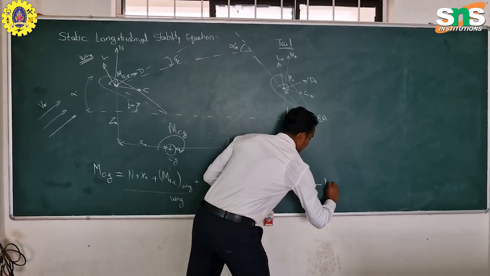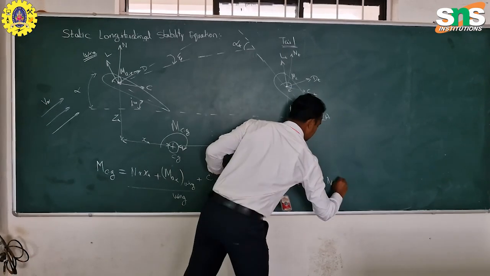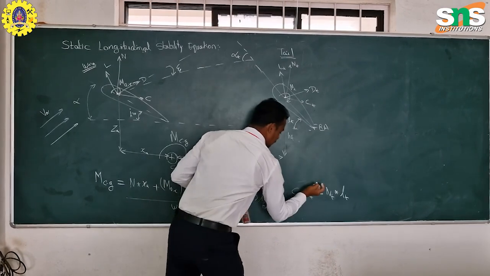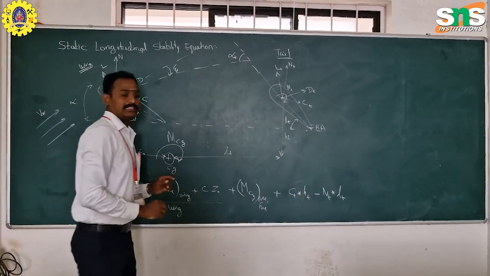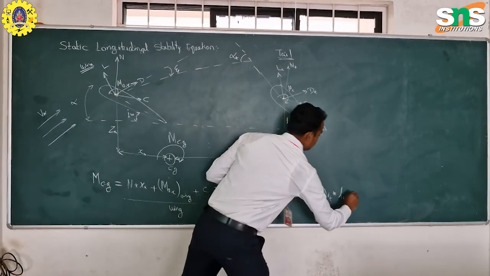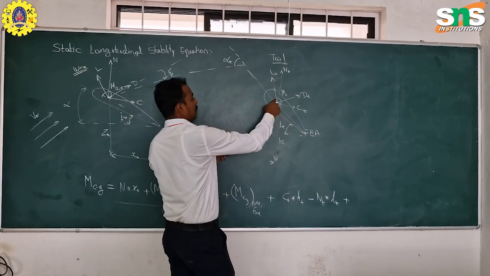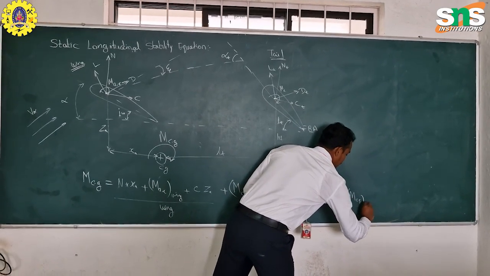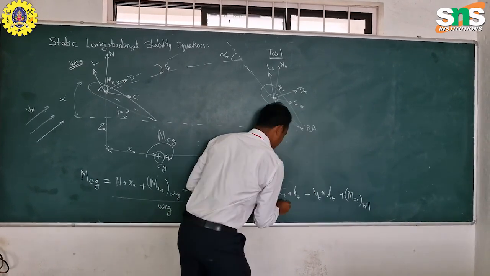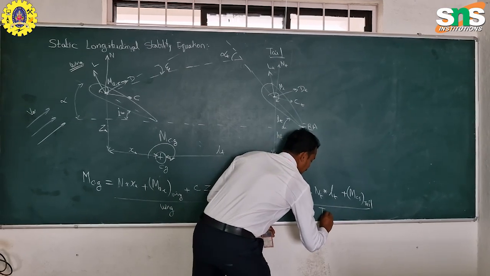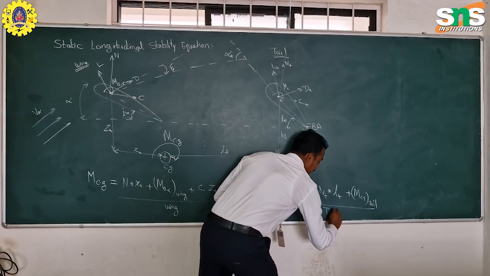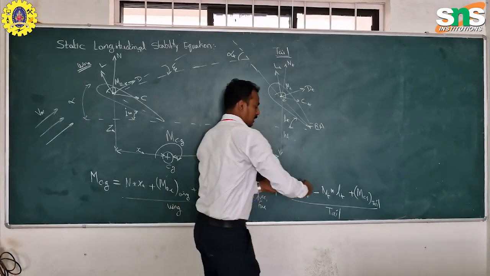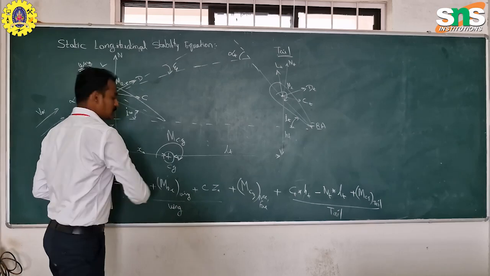Then we have N_t times l_t, and plus the moment about the CG for the tail. These three terms represent the equilibrium: we have the wing contribution, fuselage contribution and tail contribution as force values.